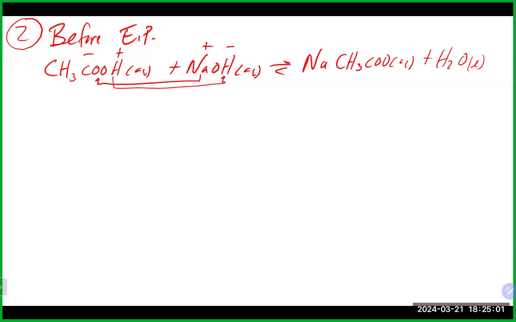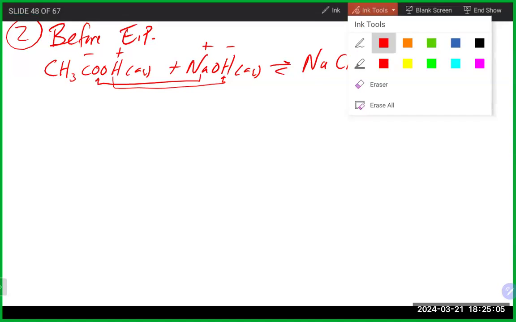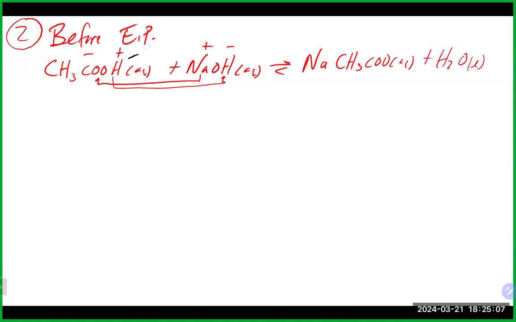So once again, for the purpose of this example, we are starting with our acetic acid and adding our sodium hydroxide. We're going to need to do an ice table at this point. Should this ice table be done in molarity or moles? It should be done in moles because we're adding volume.